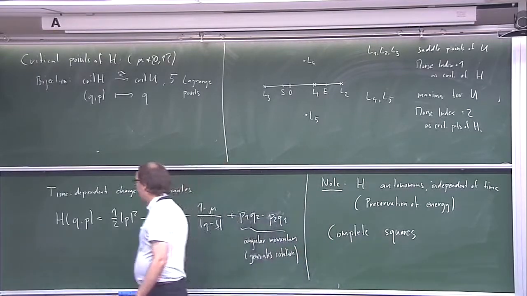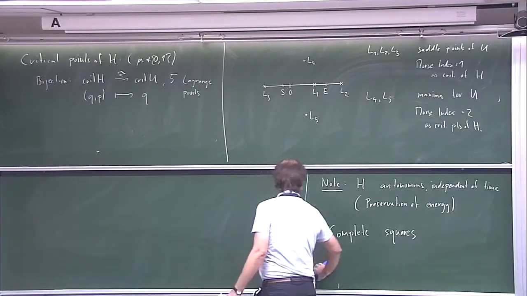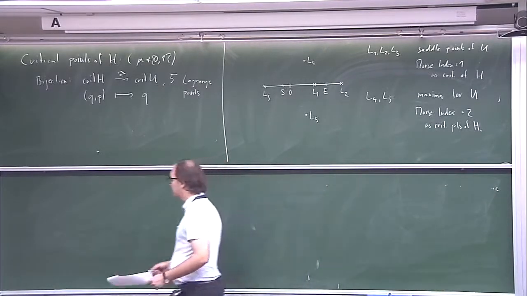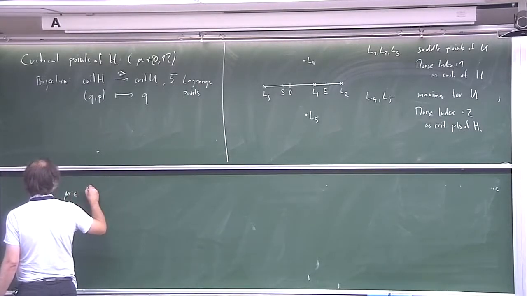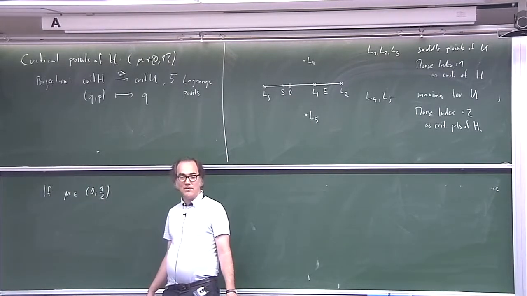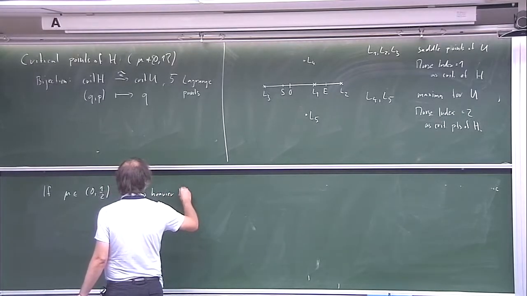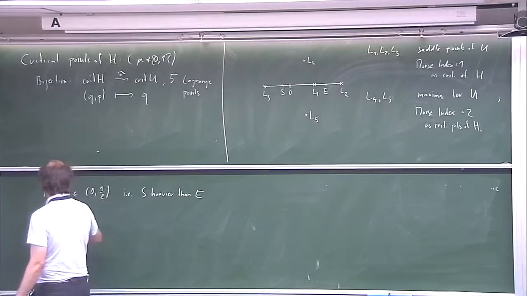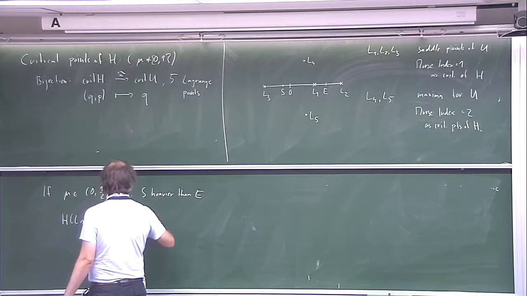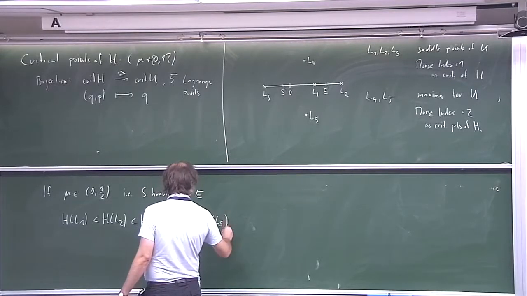If mu is between 0 and 1/2, that means the Sun is heavier than the Earth, then we have H(L1) < H(L2) < H(L3) < H(L4) = H(L5).